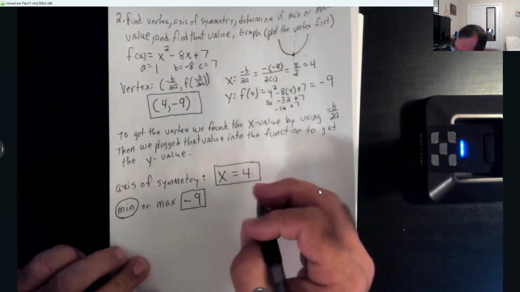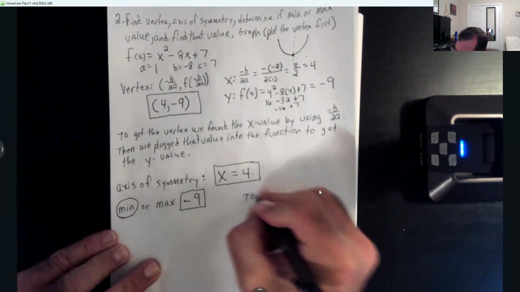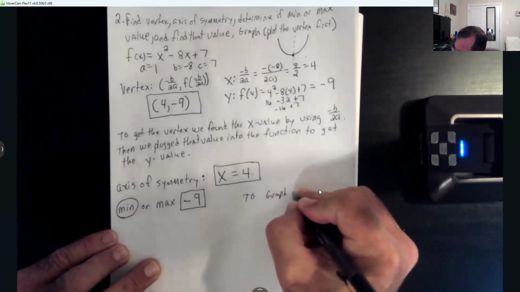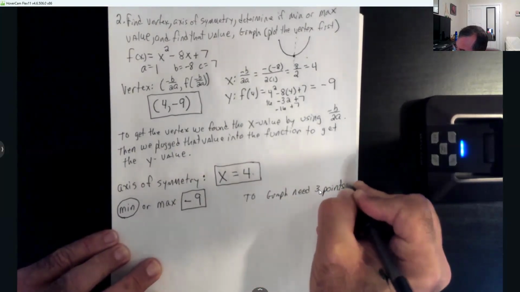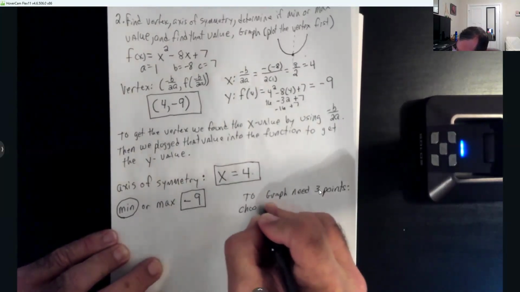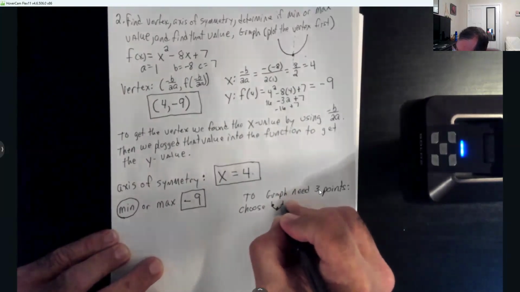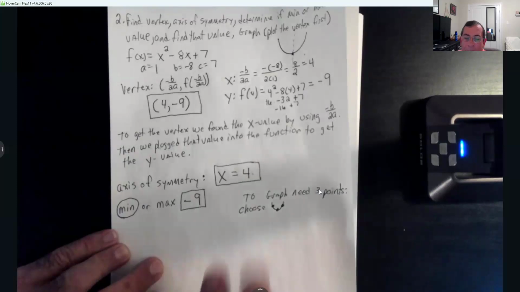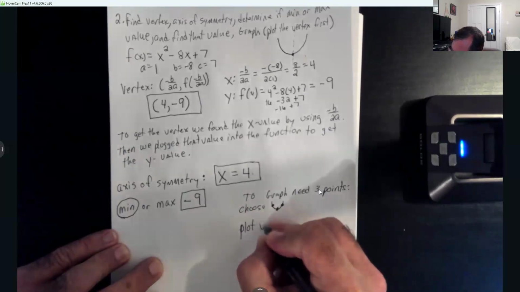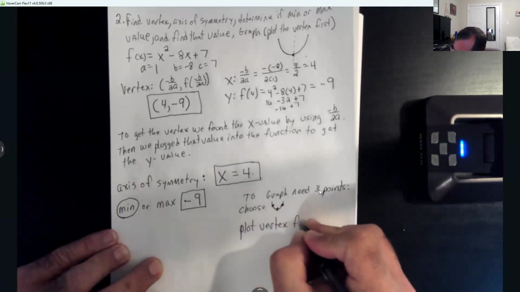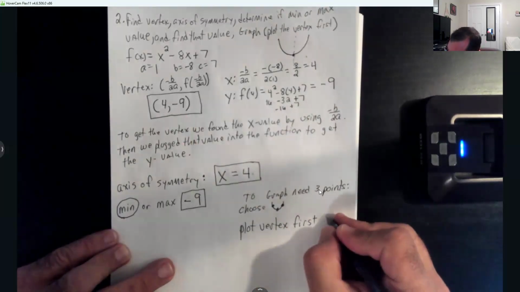Now, here's the thing. When you graph this, you're going to need 3 points. Because you're going to choose the 3-point x squared tool. You're going to choose that tool. You're going to plot the vertex first. Well, my vertex was that 4, -9.